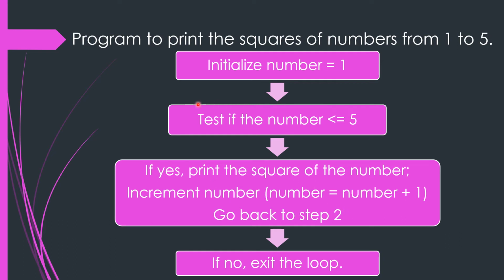So if this condition is true, then print the square of the number and increment number, number equal number plus 1, as we are doing looping. In looping we also have to move forward. After finishing a particular iteration, the loop has to return back to the test.